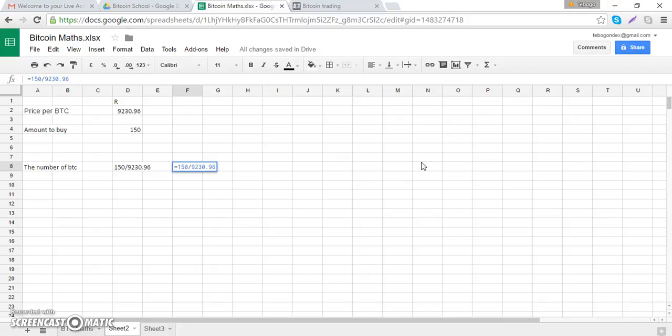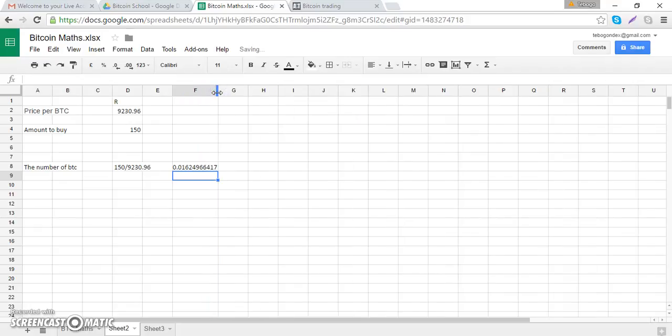So if I enter that, it will definitely give you kind of an estimation of how many, the number of bitcoins that is equivalent to your 150 rands.